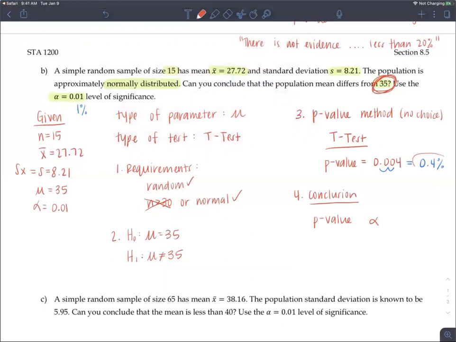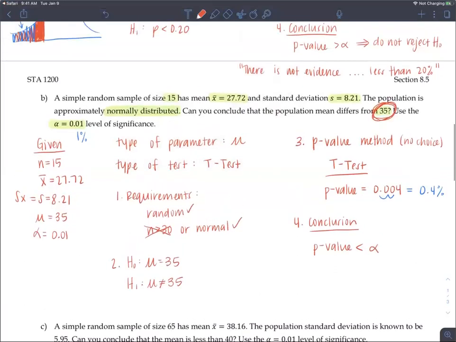Based on these percentages, which one of these is bigger, p or alpha? Alpha, right? Because this is 1%, and this isn't even 0.5% yet. So here you have that p-value is less than alpha.